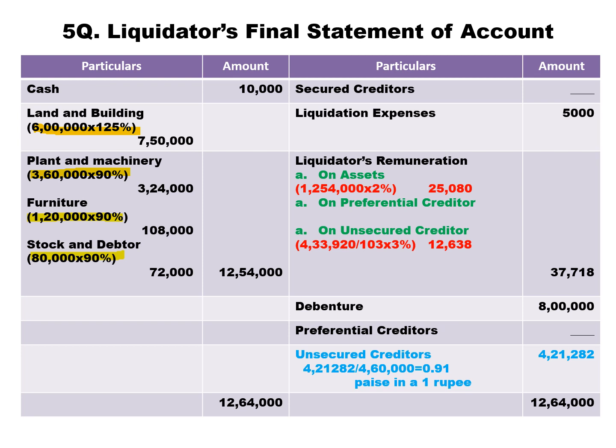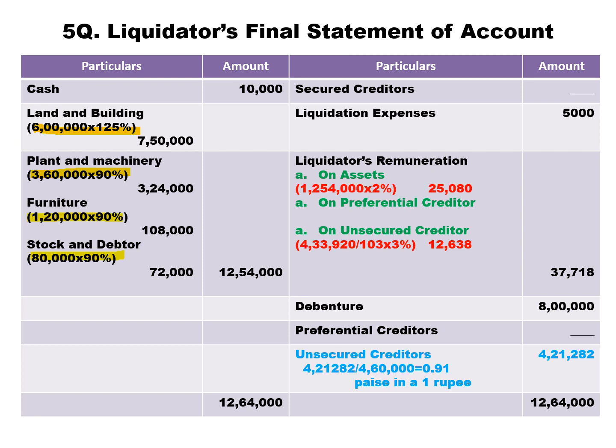On assets realized, it's 12 lakh 54,000 into 2%, and we get 25,080. Remuneration is not calculated on preferential creditors, so no remuneration on preferential creditors because we don't have any. Next, on unsecured creditors, we pay 3%.